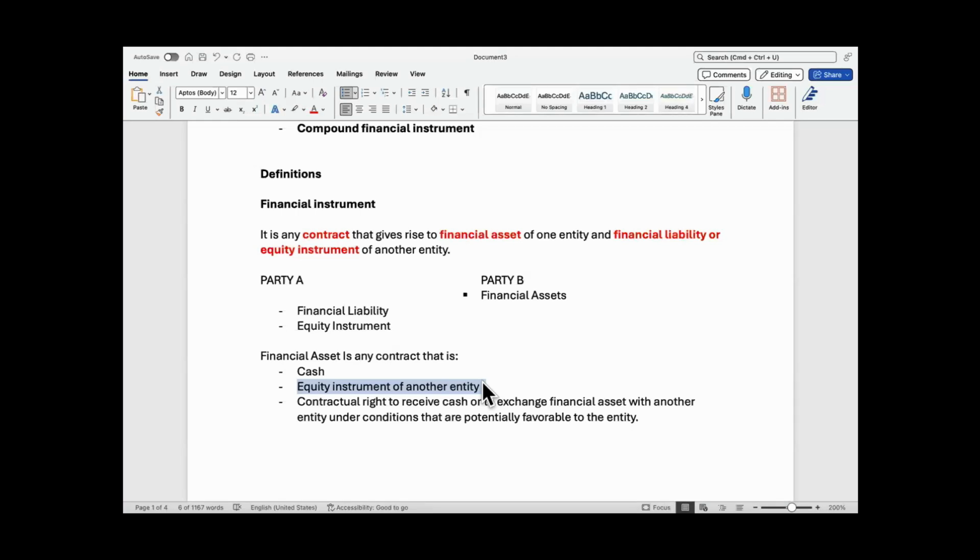And that is you having financial asset. So financial asset is equity instrument of another entity. That's financial asset.